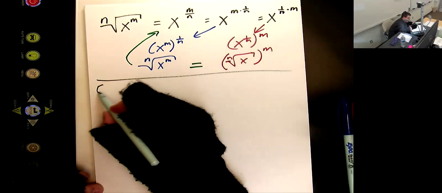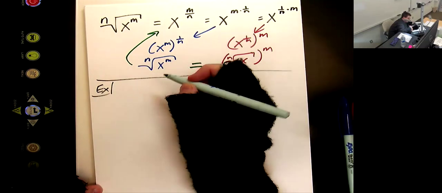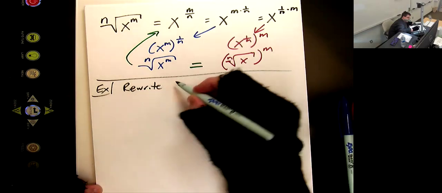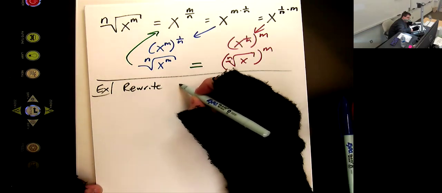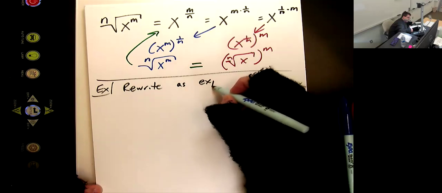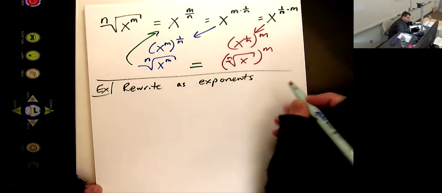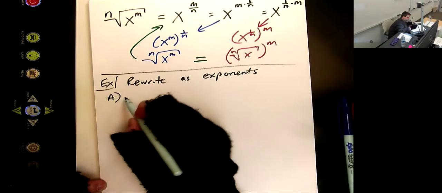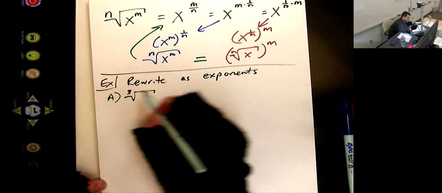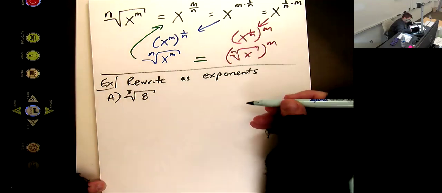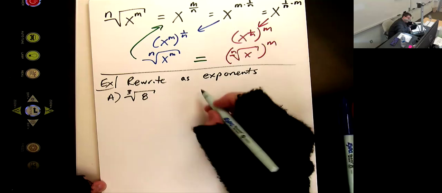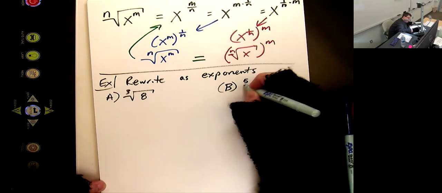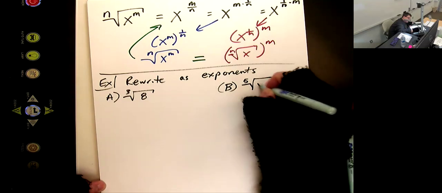There are some examples for you guys to play with. So we're going to rewrite as exponents, or using exponents. Let's do a: cube root of 8. B will be the fifth root of x squared.